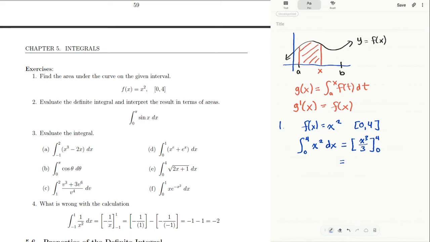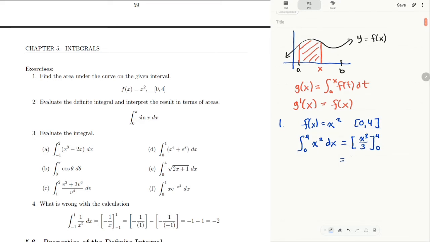So we substitute 4 into the antiderivative, so that gives us 4 cubed over 3, and then we subtract the evaluation at the lower limit of integration, which is 0 cubed over 3. And simplifying this calculation, we end up with 64 over 3 square units as before.